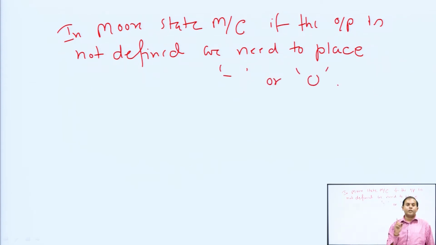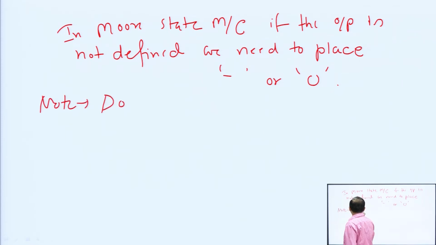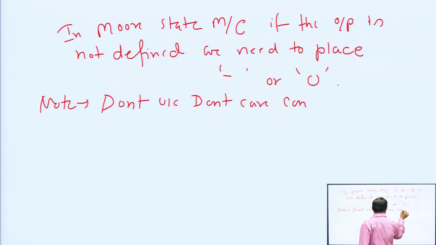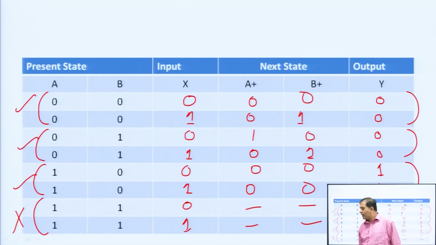Do not use do not care condition, only dash or 0. Okay. Here you write a note: do not use do not care condition. If it is not given, do not use do not care, just put dash, that is enough. Okay.